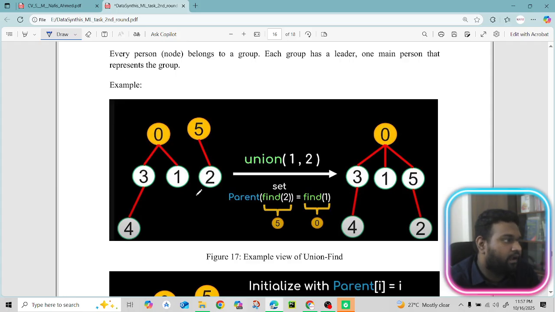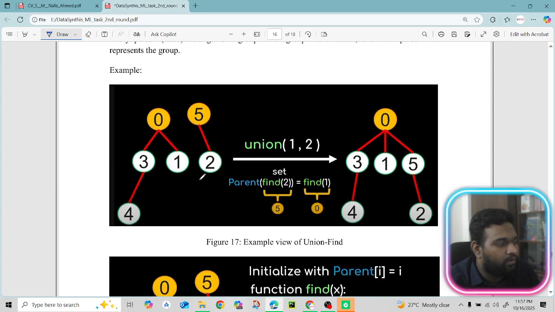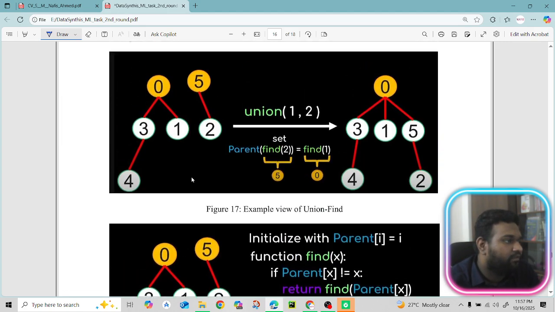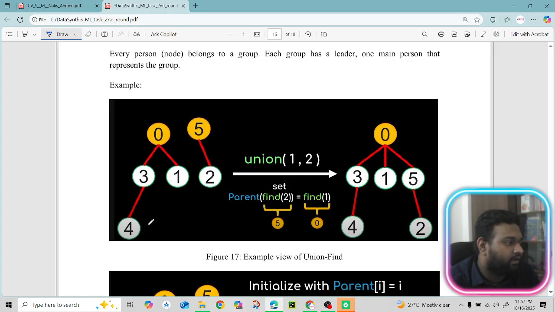So what will we do? We will have two operations, find x and union a b. First of all, I'm going to explain what find x is. For example, find 4: what is find 4?